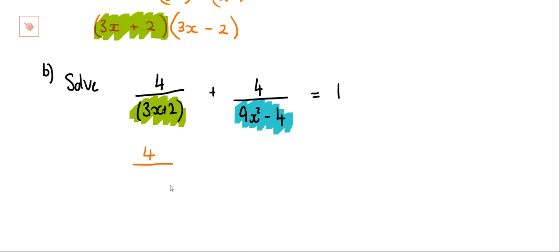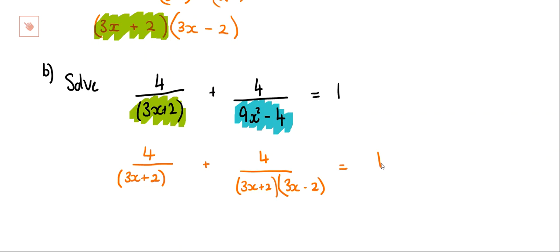So what we can do, you see, is now we've got this one is 3x plus 2. We know we're going to have to change this denominator, but this one is 4 over, and it's nice to have that because we've got it there, but we've also got the 3x minus 2. Okay? Right. So we've used that first piece of information.